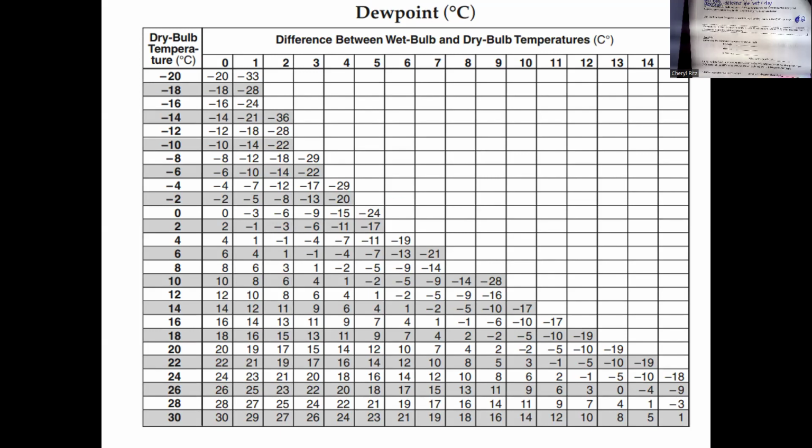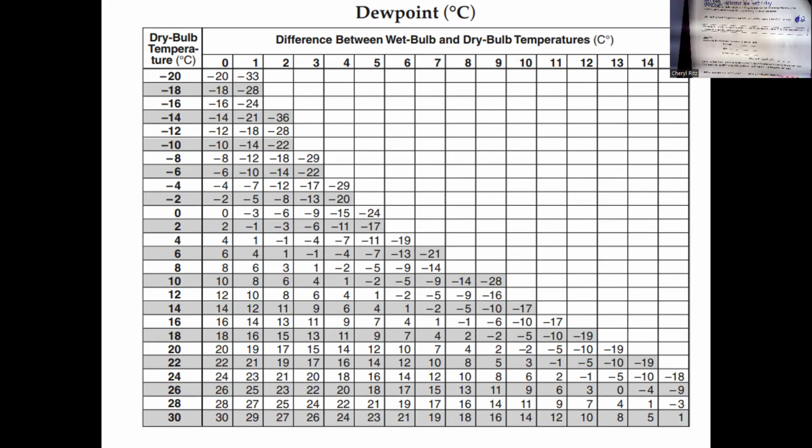What math do you do for difference? Subtraction. Always subtract the smaller number from the bigger number. Which one's always going to be bigger? The actual temperature, so the dry bulb will always be bigger. So you literally find the dry bulb, find the difference, bring your fingers together, and you're going to get the dew point.